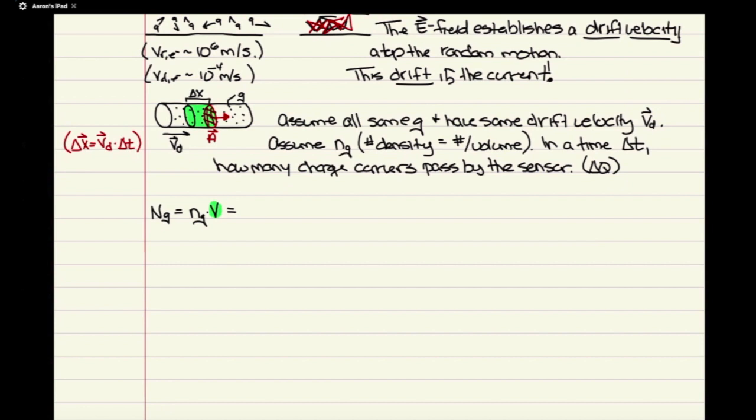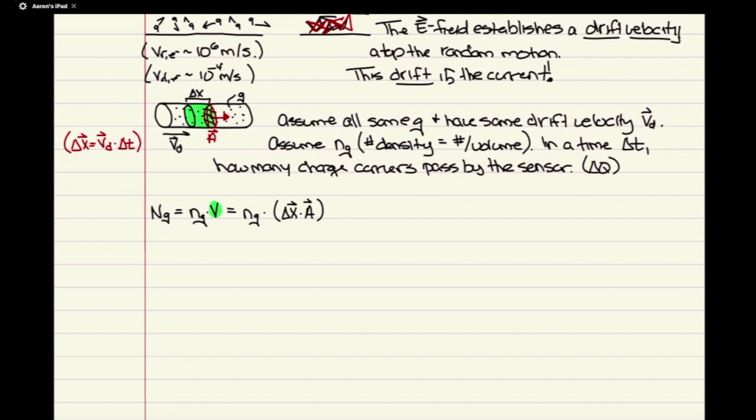In this case, that is nothing more than the charge density, and then that volume, if you just look up at the diagram, it's going to be delta x dotted with the cross-sectional area. If it's a cylinder, the area might be pi r squared, where r is the radius of the wire.